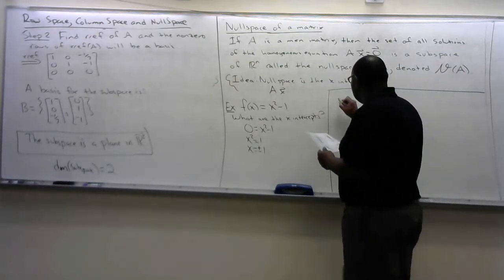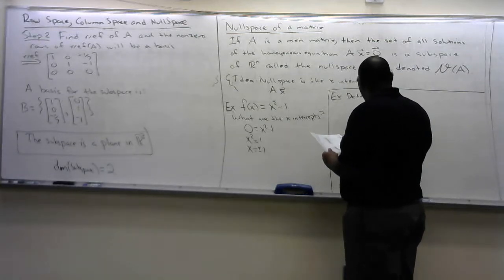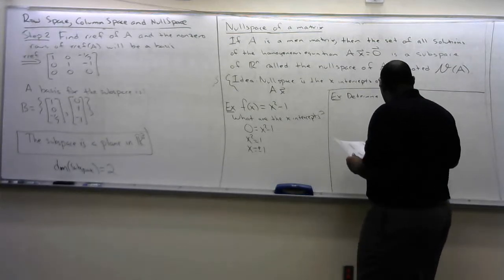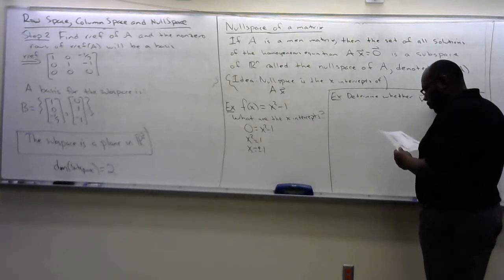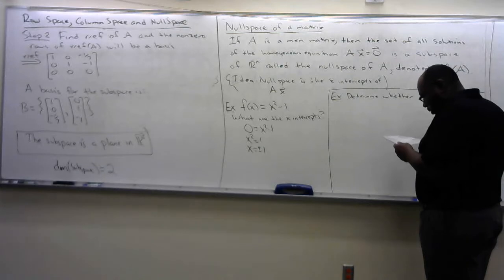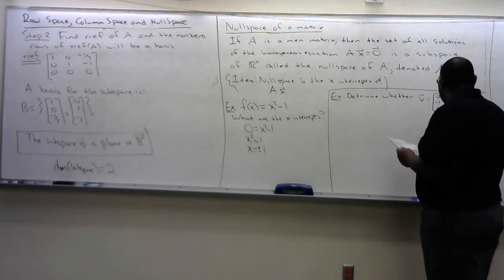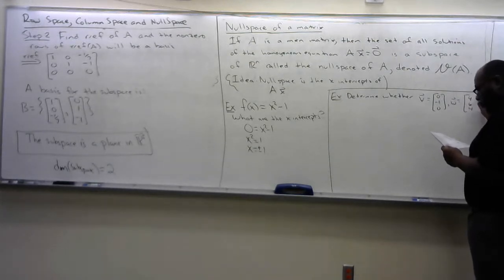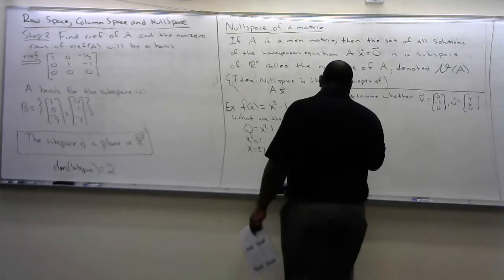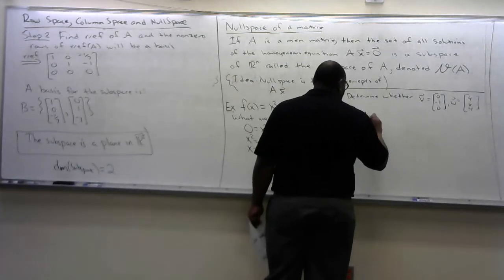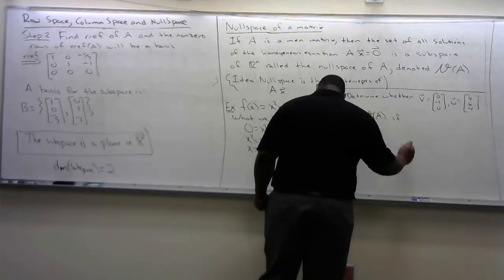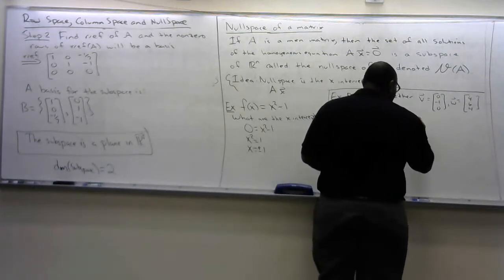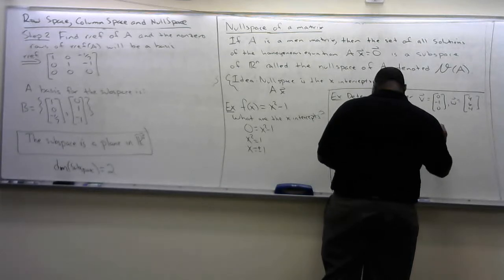Determine whether B equal to 0, negative 1, 0, and W equal to 4, 6, 4 are in the null space of A, if A is equal to 1, 0, negative 1, 1, negative 2, 2.